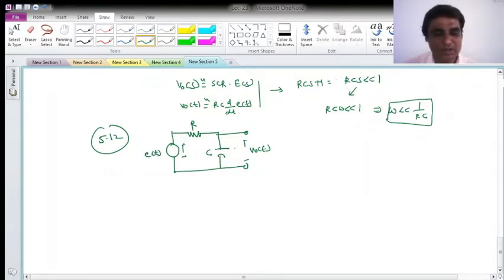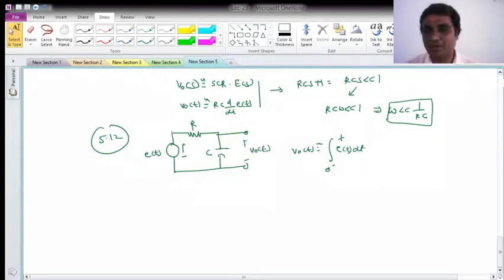The circuit given is an RC circuit, and this is an integrator. The question is: find the requirement for the time constant such that the output voltage V0(t) is approximately the integral of the input voltage E(t) dt, from 0 negative to t.